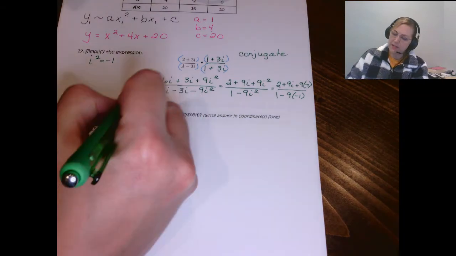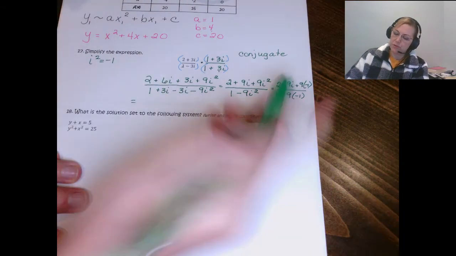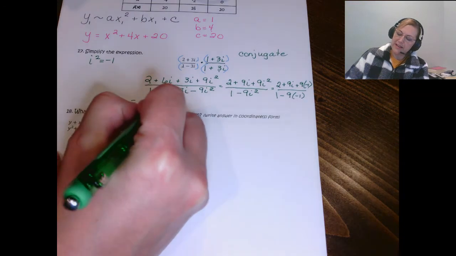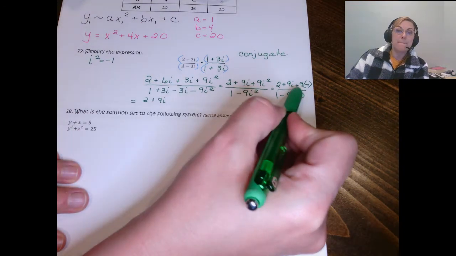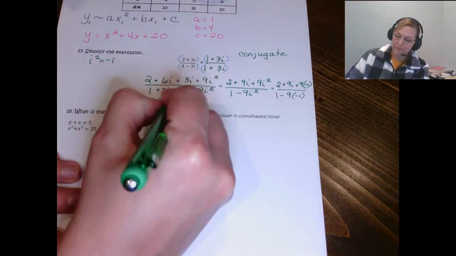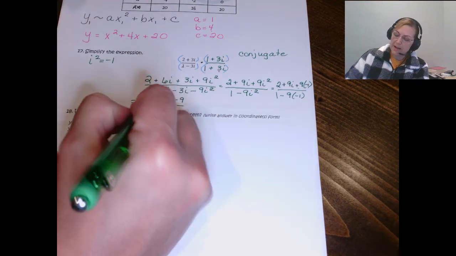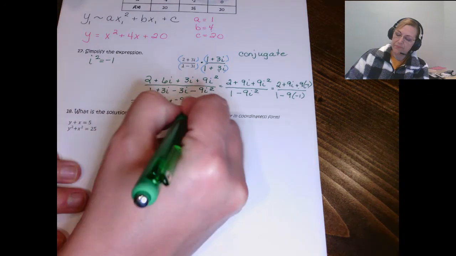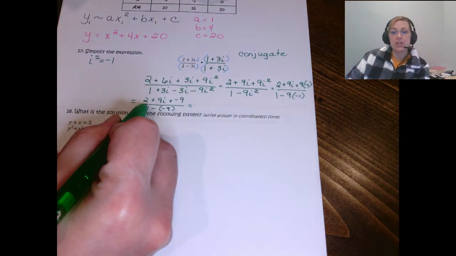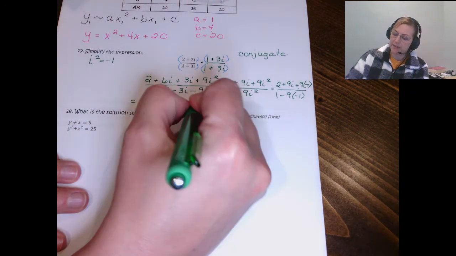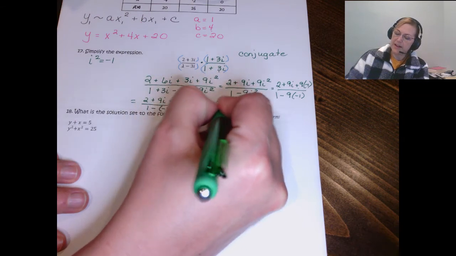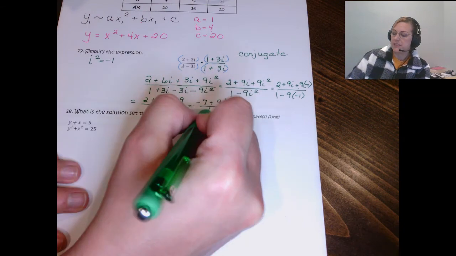Okay, now on top we have 2 plus 9i plus -9. And on the bottom, I've got 1 minus -9. So now I've got 2 minus 9 is -7 plus 9i over 10.